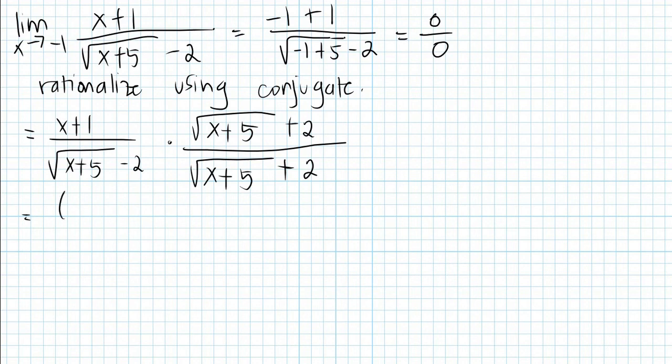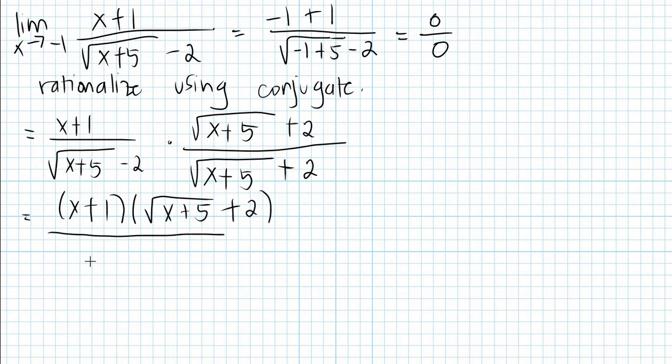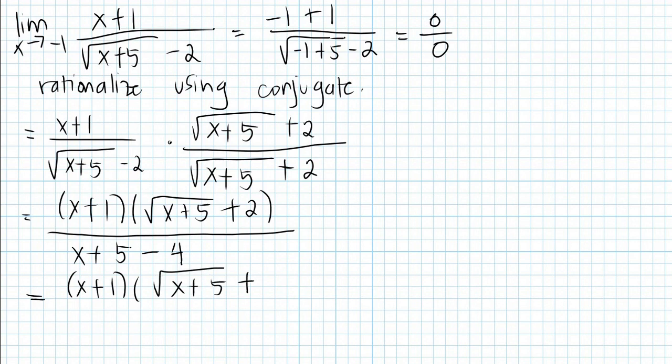So for the numerator, we can retain it that way: x plus 1 times the square root of x plus 5 plus 2, all over x plus 5 minus 4. Now if we look at the denominator here, we can combine the similar terms, which are 5 and negative 4. So on the denominator, that leaves us with x plus 1.